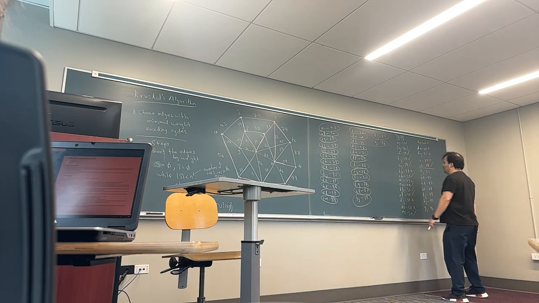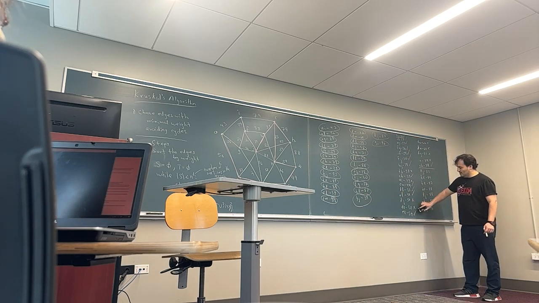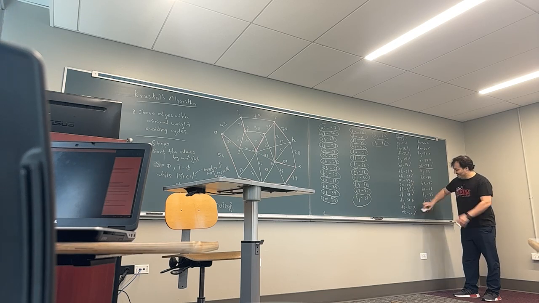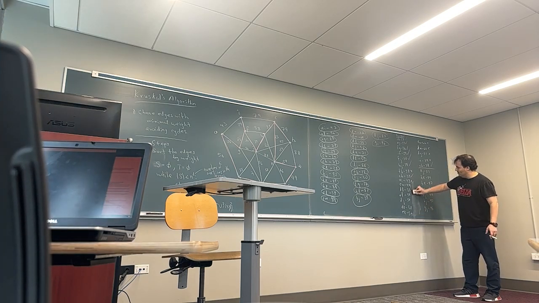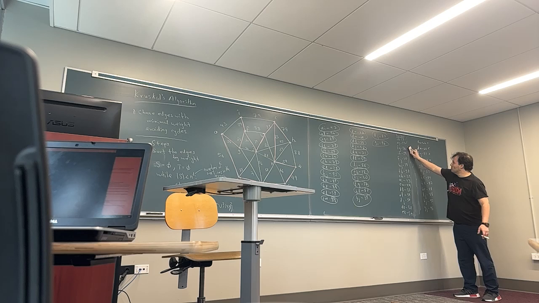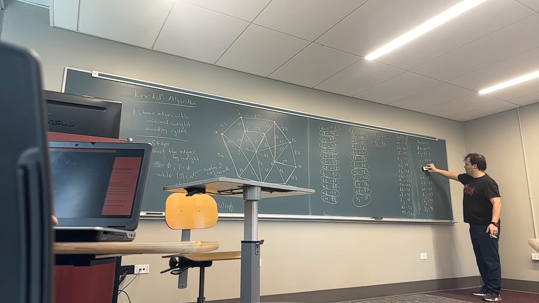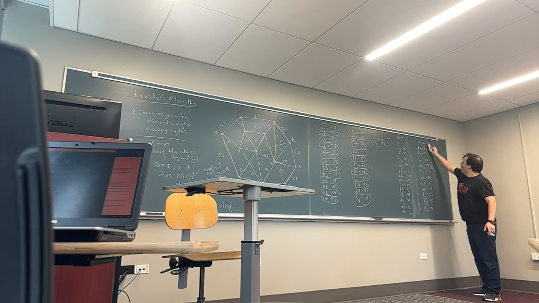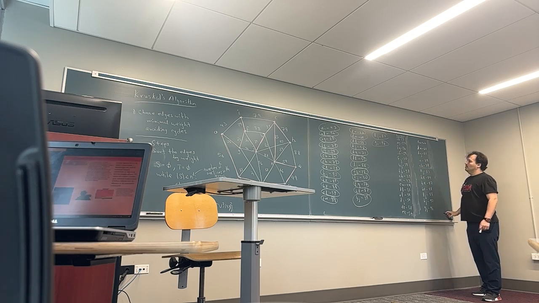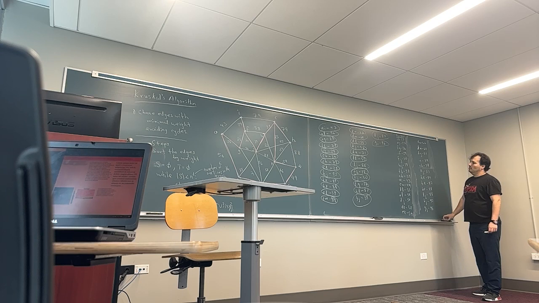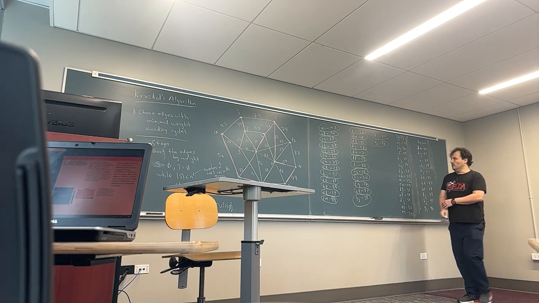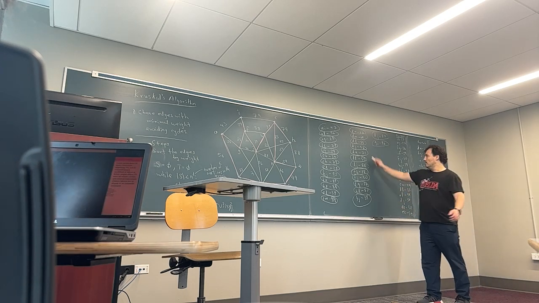Although, I won't delete them because it's still useful to have the weights sorted just to make searching easier. But in Prim's algorithm, you don't need to sort. Alright, so where can I write? I guess right here.